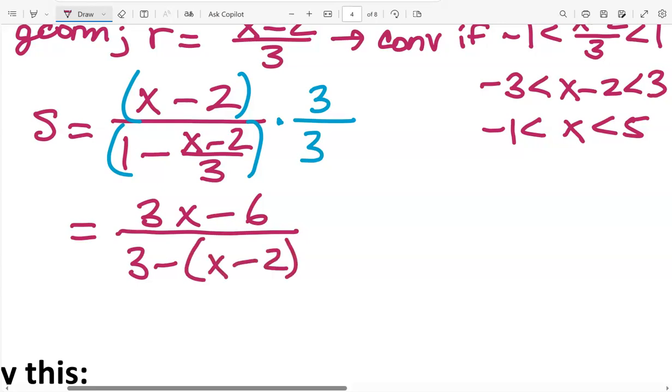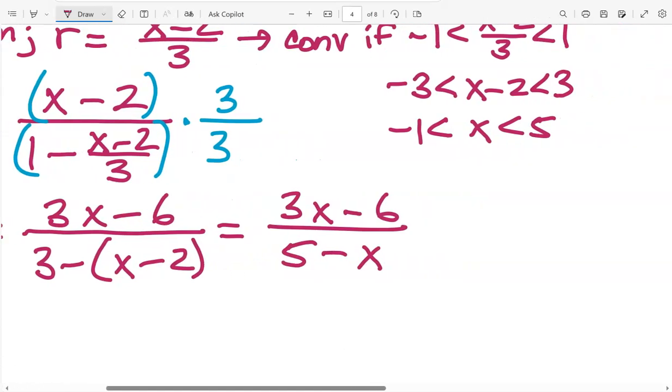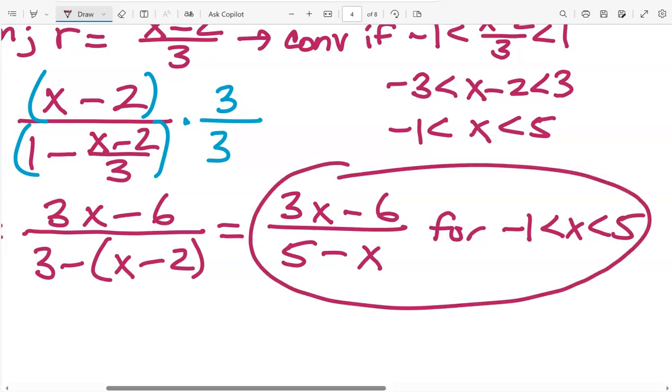It's important to realize that there's an understood parentheses around the numerator of that fraction since we have multiple terms there. If we distribute the negative, you get 3 minus x plus 2, or 5 minus x when we simplify. So that's going to be the sum of the series for x between -1 and +5.